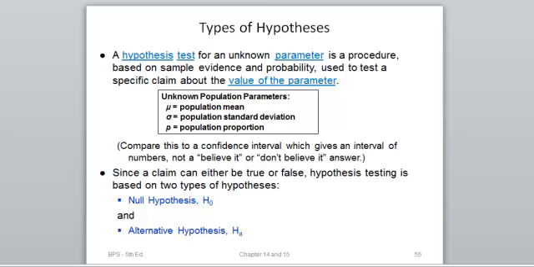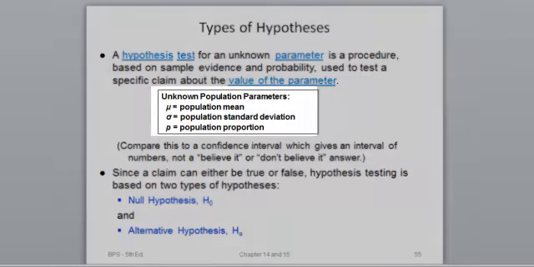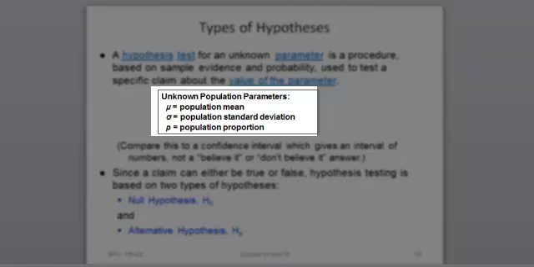A hypothesis test for an unknown parameter is a procedure based on sample evidence and probability used to test a specific claim about the value of a parameter. So unknown population parameters that we can test are population mean, mu, population standard deviation, sigma, or population proportion, p.